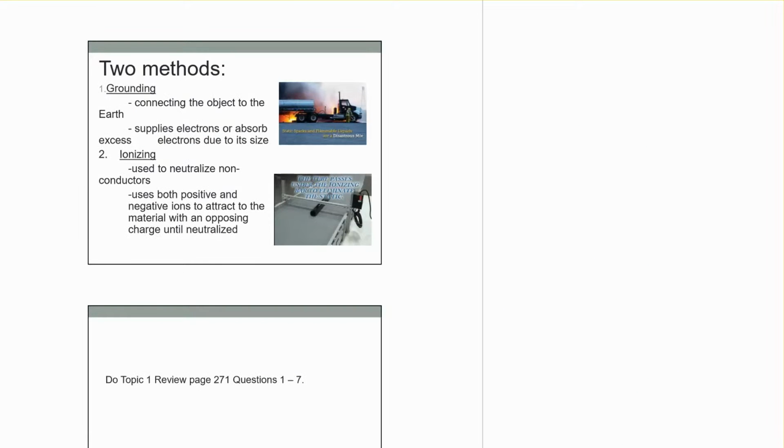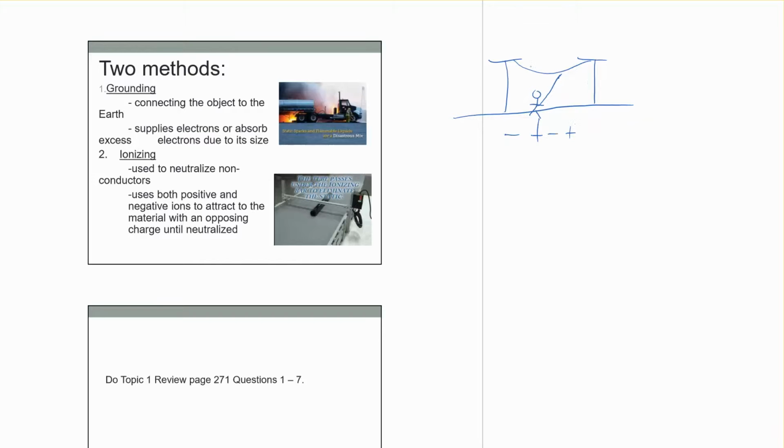Last thing, two methods for neutralizing an object. One is grounding. That's kind of what we've been talking about, right? So power line, metal rod. I've grounded this, right? What that means is that I've attached this thing to the ground. The ground is huge, it's the entire Earth.